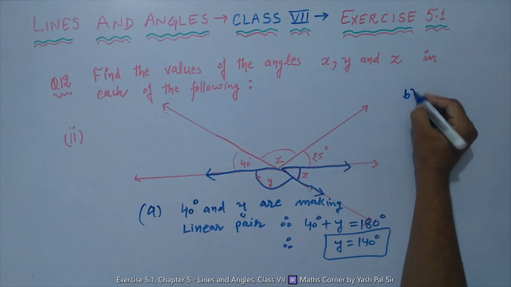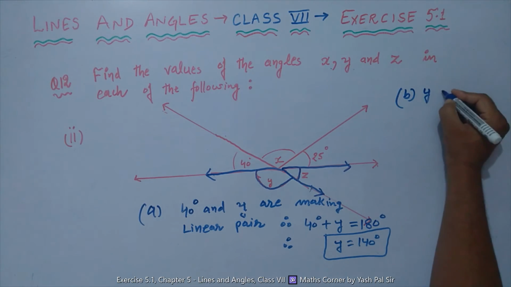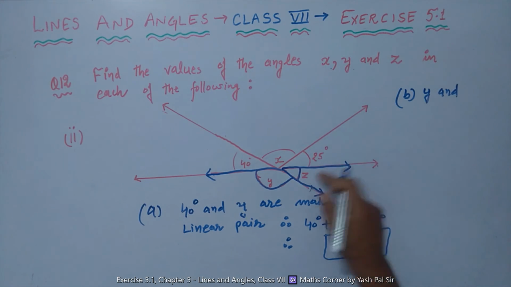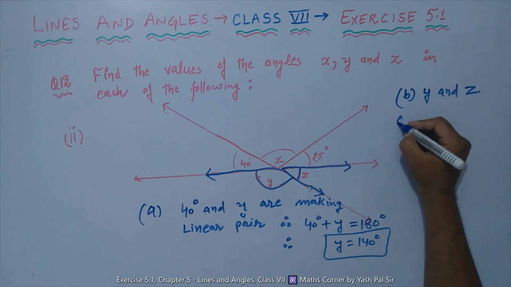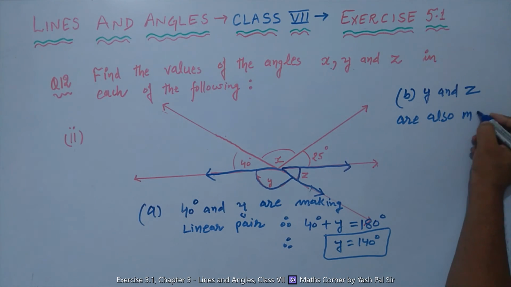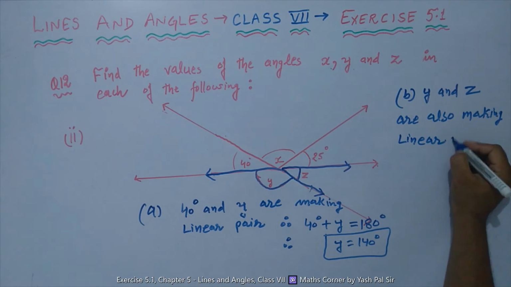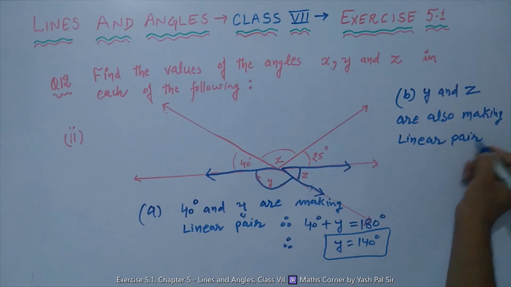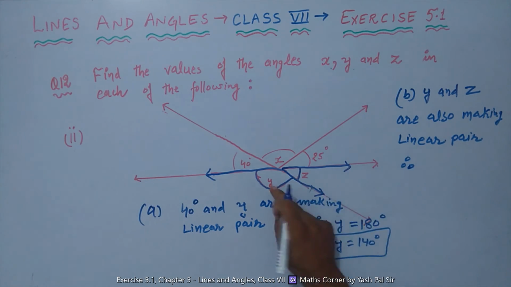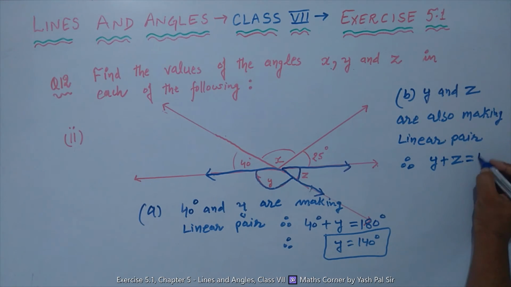So here B part, y and z are also making linear pair. Therefore sum y plus z is also equal to 180 degree.